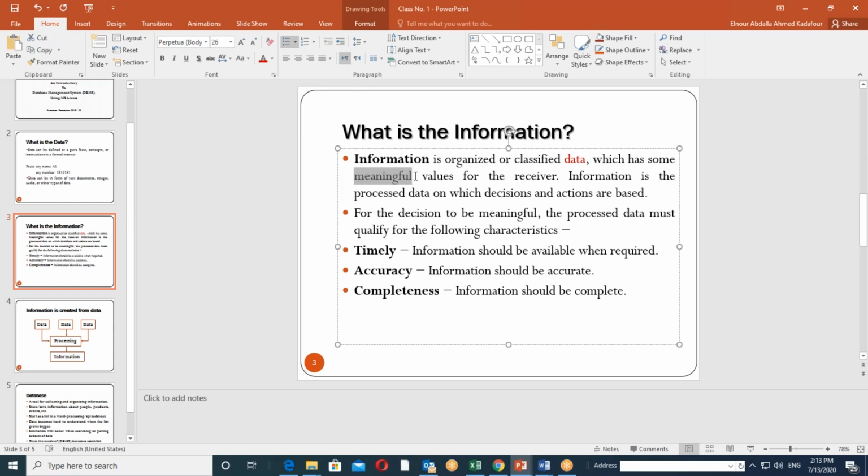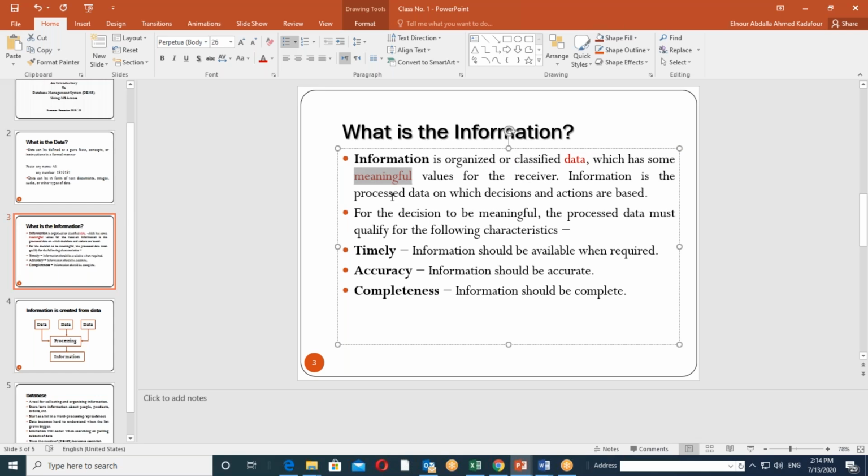This is the most important: having meaning. So we transfer that data in a meaningful way or values for the receiver, the listener. Okay, so information is the processed data.